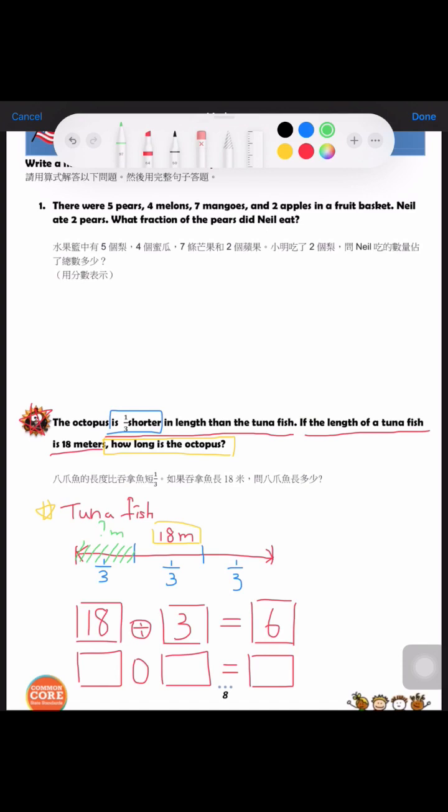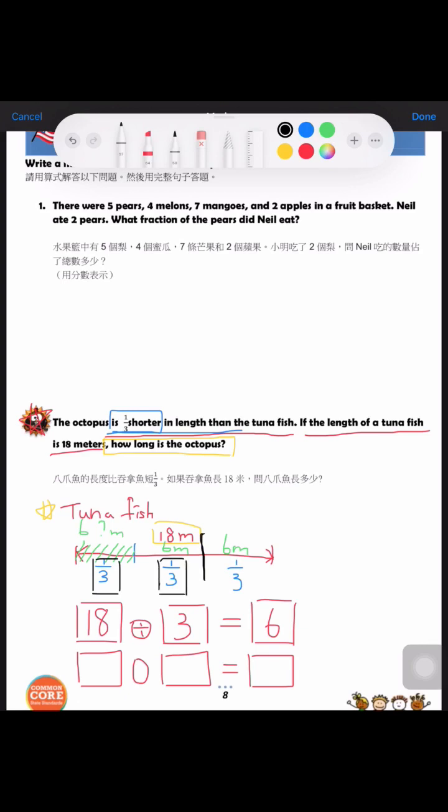And then we need to find how long is the octopus. Okay, so we know that the octopus is 1/3 shorter in length than the tuna fish. So that means the length of the octopus is 2/3 of the tuna fish.